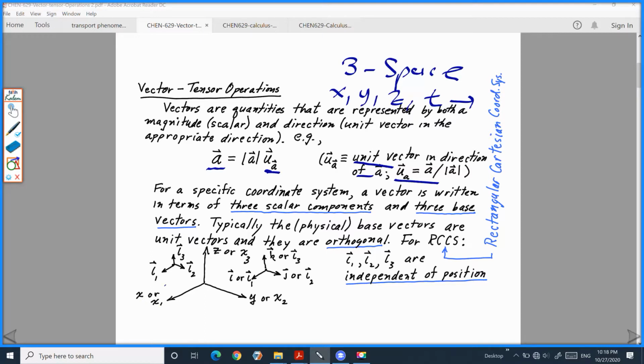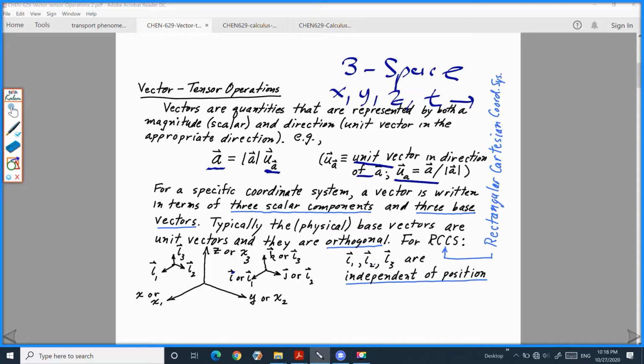We can call them x, y, z, or x1, x2, x3, all the same. We also have three bases for this three space. We can call these bases L1, L2, L3. There are also other representations of these bases in the literature, for example i, j and k, or U1, U2, U3, and so on.